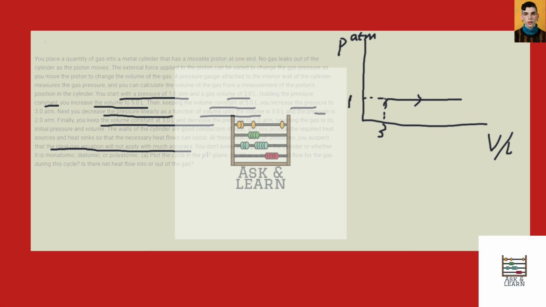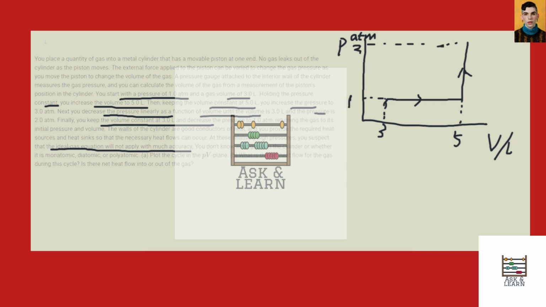And then we increase the P but keep V constant, so it's just a vertical line going up. The final state at this point is 5. We increase the volume, and then we increase the pressure to 3.